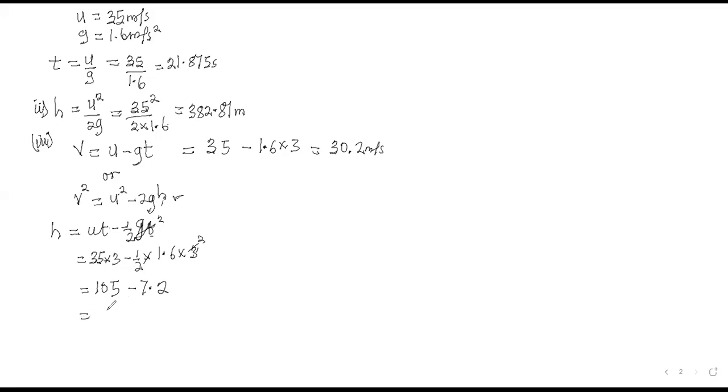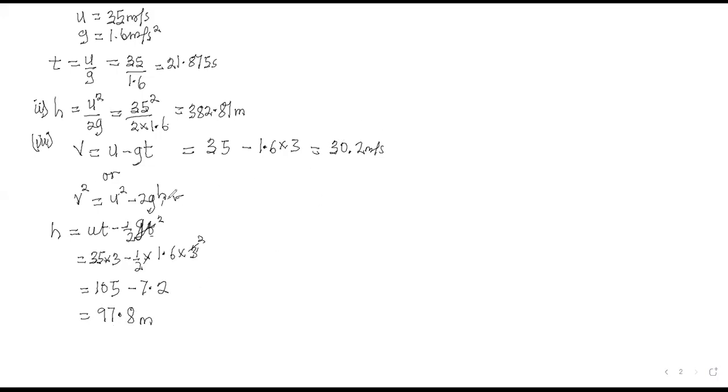Subtract 7.2 from 105. That gives 97.8. Meaning at 3 seconds, it will cover a vertical height of this amount.